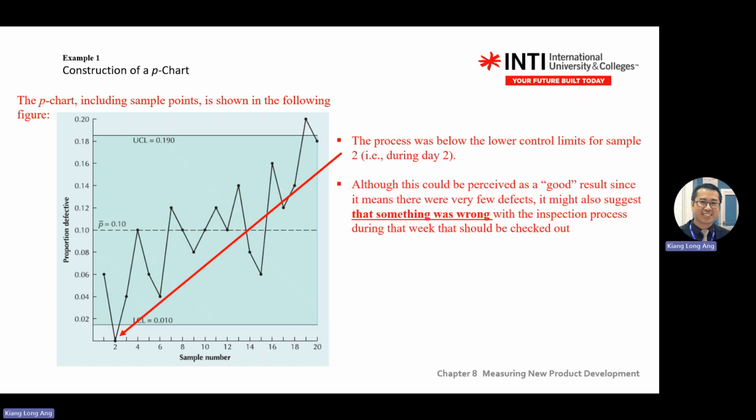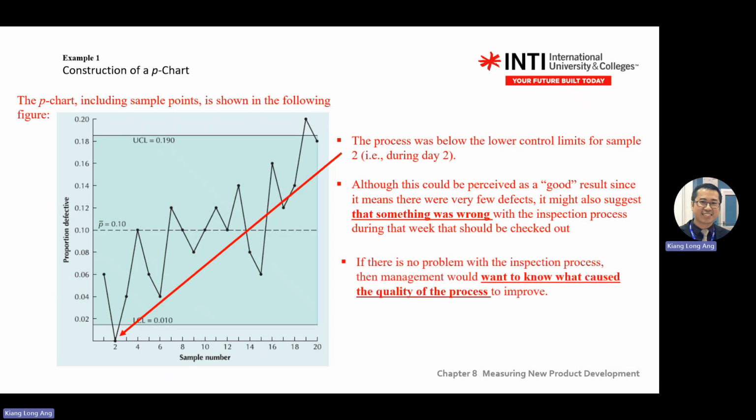It means that in general it's a good result, but 2 points are out. So something is wrong in the engineering process. If there is no problem, management will want to know what caused the quality process to improve.